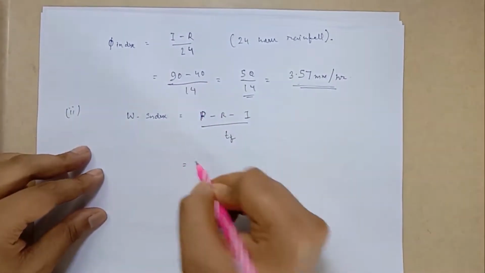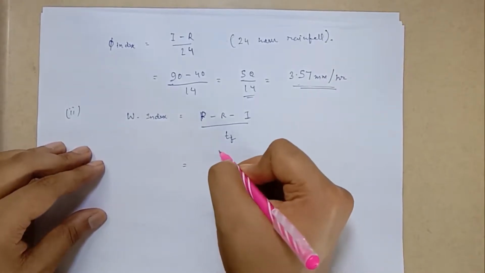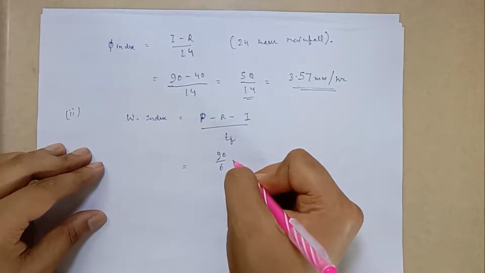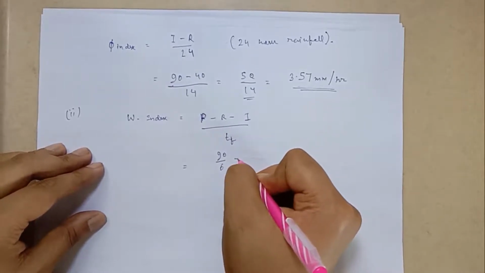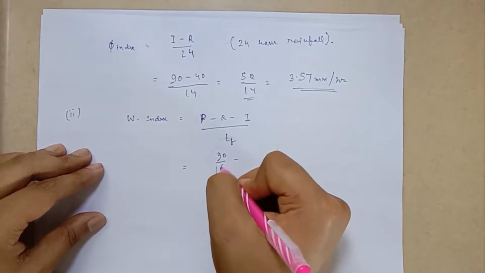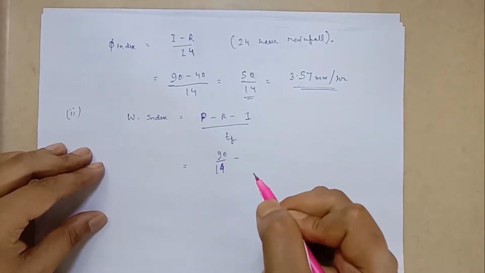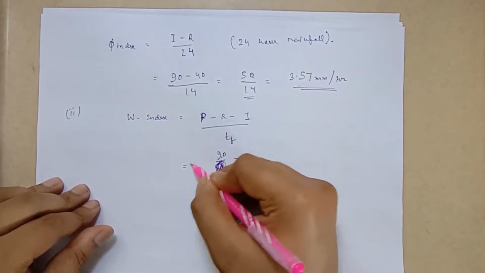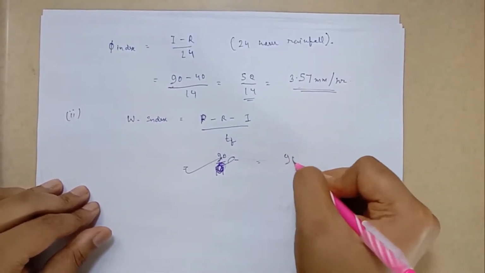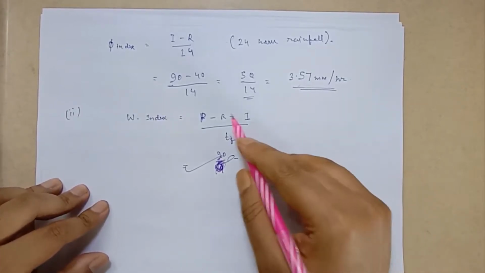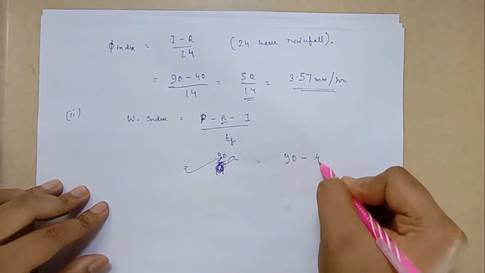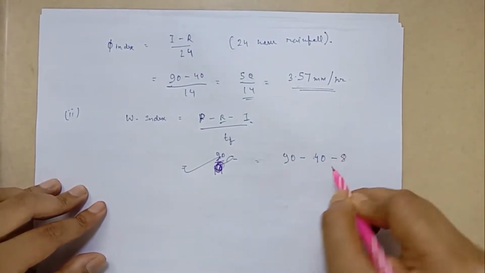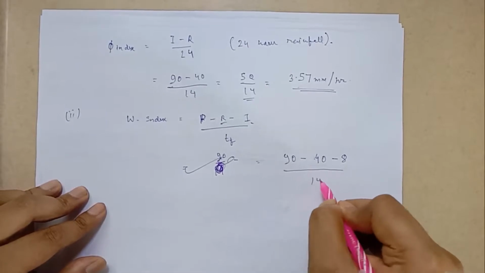So it is equal to 90 minus runoff, which was 40, minus the interception, which will be 8, and it is divided by 14.